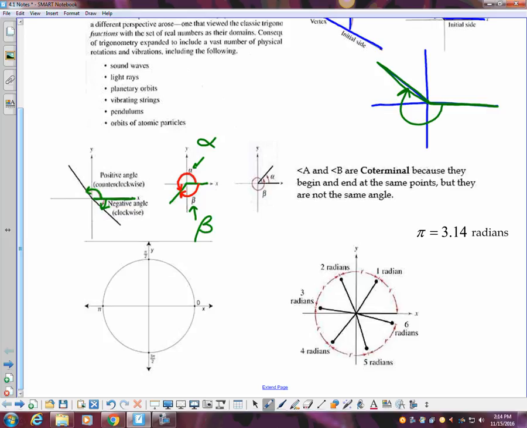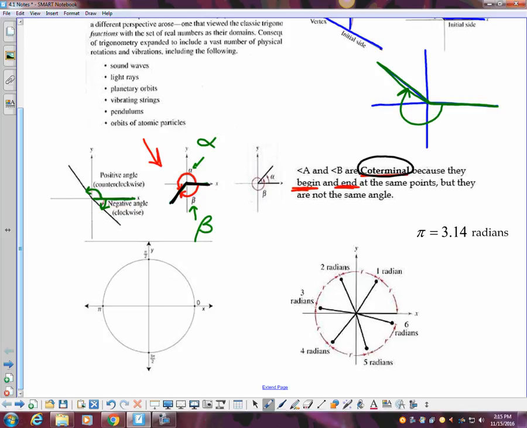Alpha and beta are called coterminal angles for this particular example because they begin and they end at the same point, but they're not the same angle. They both have the same initial side, and they both have the same terminal side. So they are coterminal because they share a terminal side, but they're not the same angle.